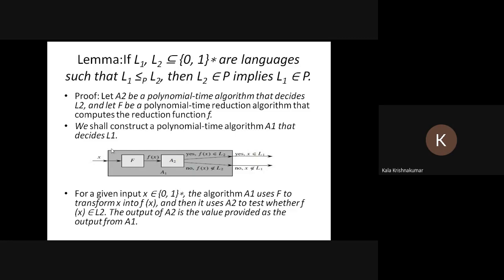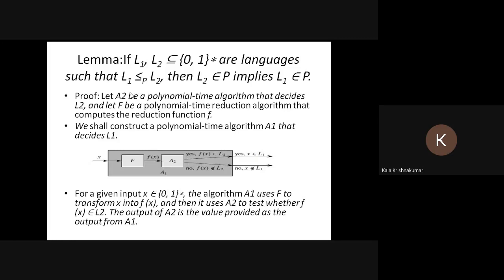Then consider this diagram. So here it actually discusses the construction of A1. Okay, and for a given input, so we have this x given to the reduction algorithm. That reduction algorithm will convert it into f of x, and that is given to A2.